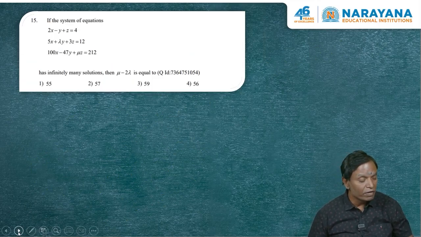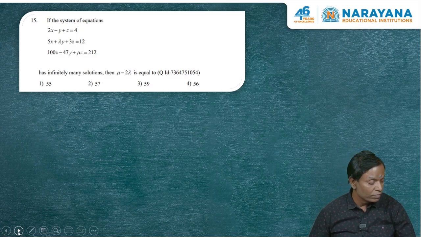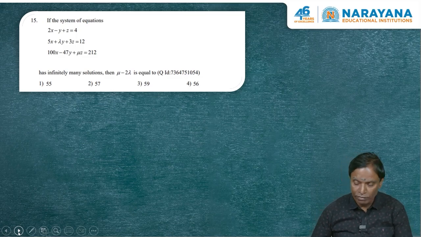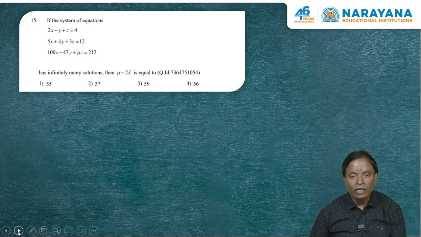If the system of equations has infinitely many solutions, then you are asked to find the value of μ − 2λ.